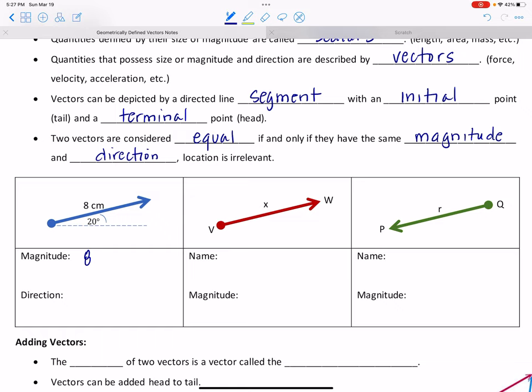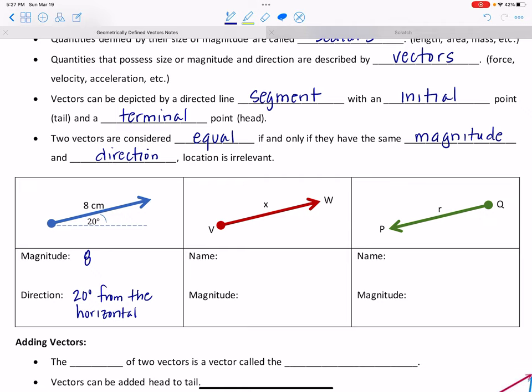Here we see a 20-degree angle of elevation from the horizontal. So the direction would be 20 degrees from the horizontal. Or again, we could say that that is a 20-degree angle of elevation because that's implying that it's from the horizontal.